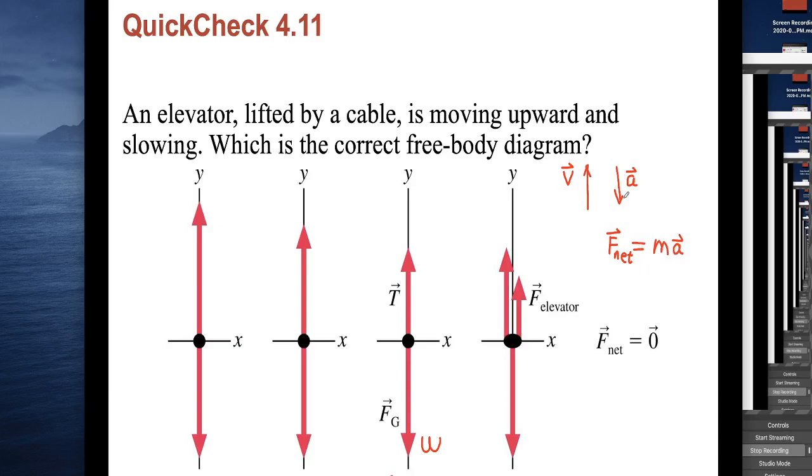If the acceleration is going down, that means the net force is going down. So the weight should be greater than the tension. So the option is C. A and B are both wrong. And D is absolutely wrong because there are only two forces, weight and tension force. There's no other force in this situation.